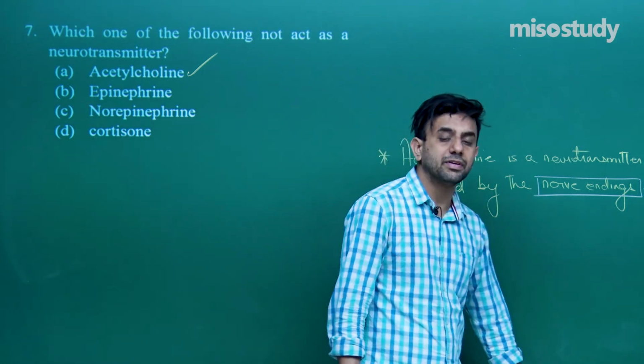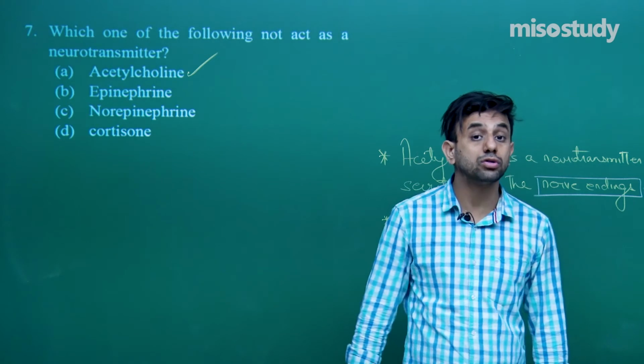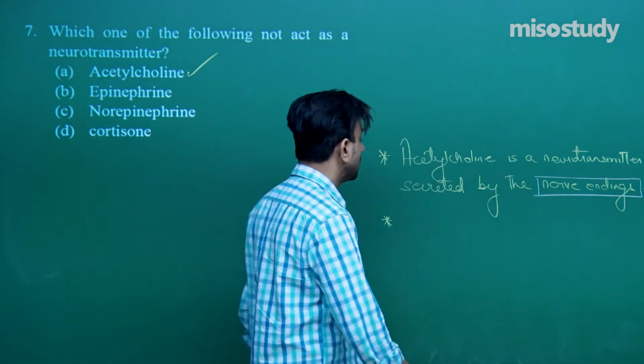Epinephrine and norepinephrine are secreted by the adrenal medulla, and these are also the what? The neurotransmitters.